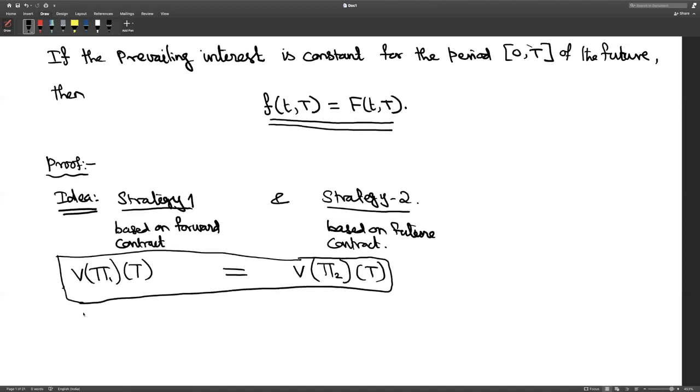Okay, so you have to construct the portfolio like this. You have to also construct it in such a way that the portfolio value of the one constructed using forward contract at 0 is precisely coming from this part, and the value of the portfolio initially, that is the initial cost spent in building the portfolio.